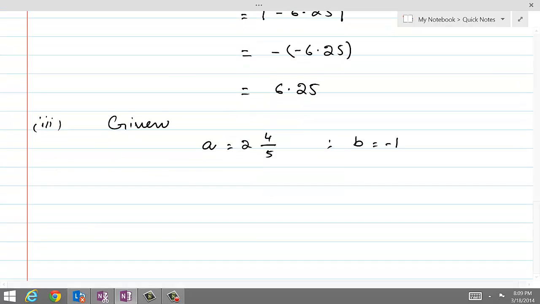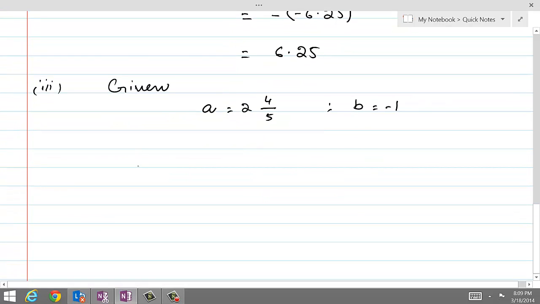So now if we want to find out the distance between a and b, this is equal to the modulus of a minus b, which is 2 whole 4 by 5 minus, this minus belongs to the formula for the difference, and the b itself is negative, therefore we place minus 1, and then the modulus sign.